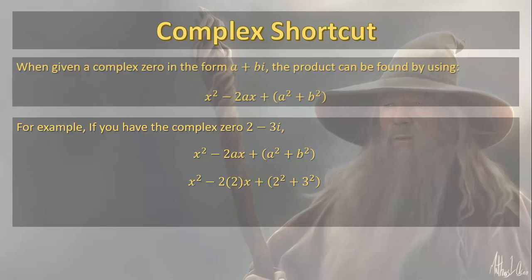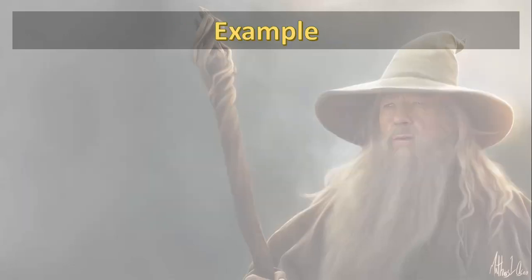So it doesn't really matter if you add or subtract that. So we have x squared minus 4x plus 13. All right, that complex shortcut is gonna help you out. It's gonna save you a little bit of time, which is why I called it a shortcut. Imagine that.